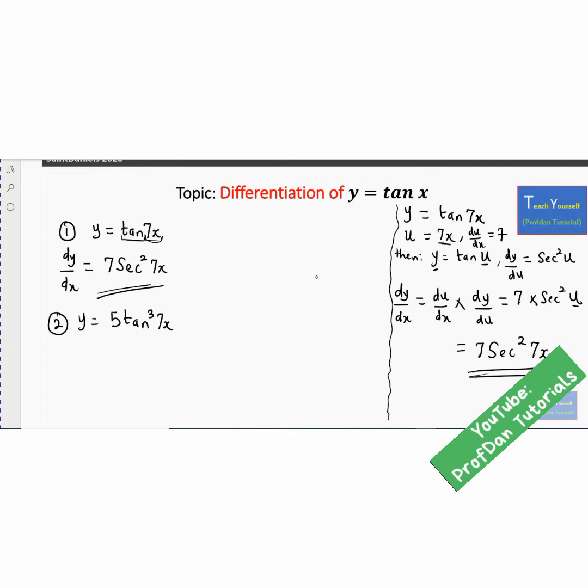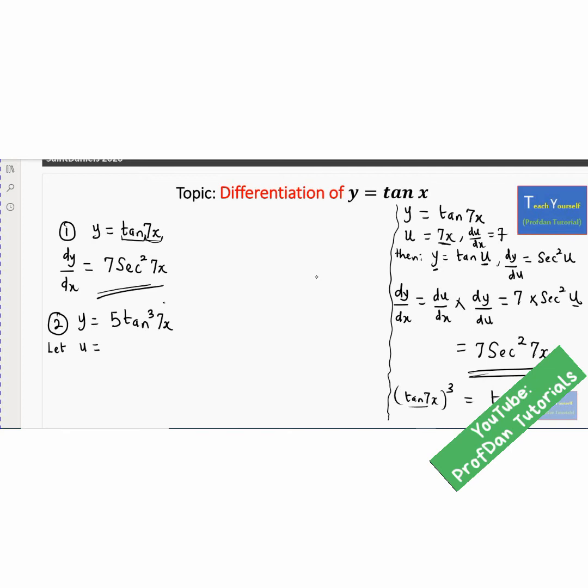So in this case, what you're going to do is let u be equal to, because this is power 3, tan of 7x. This is like saying tan 7x to the power 3. That is what it means, which is tan cubed 7x.